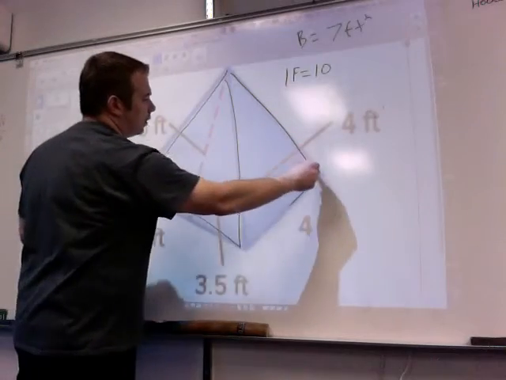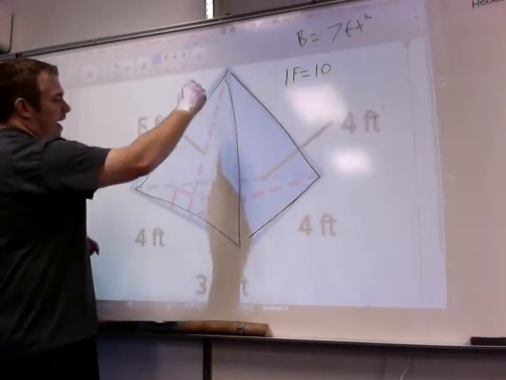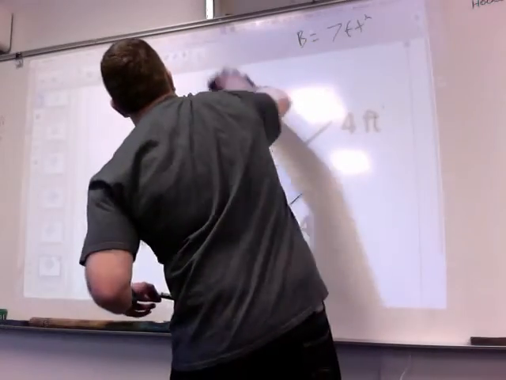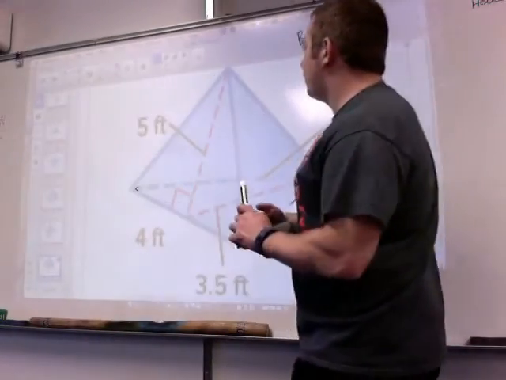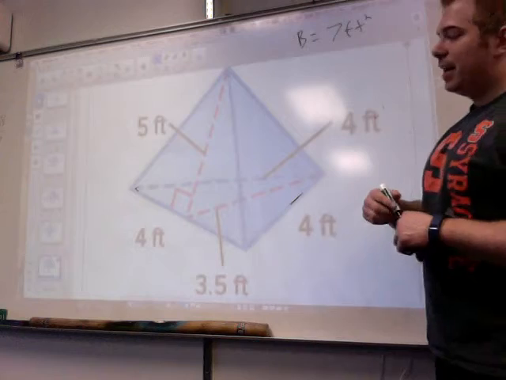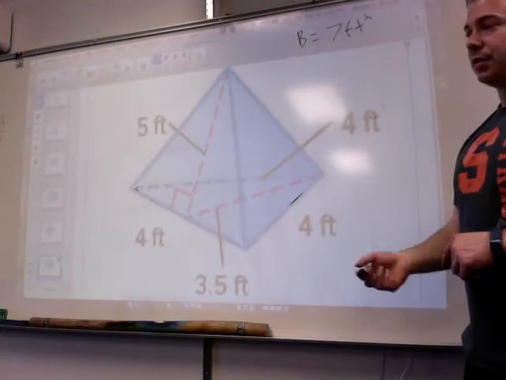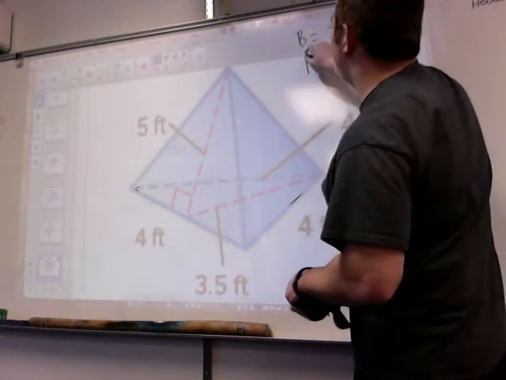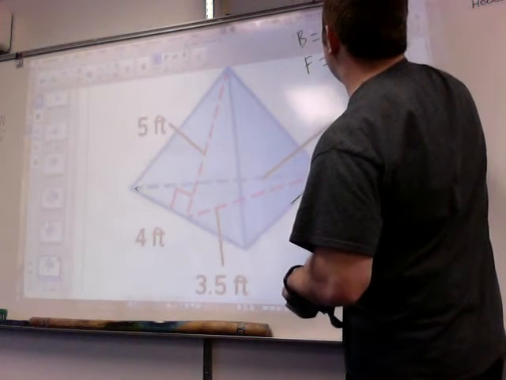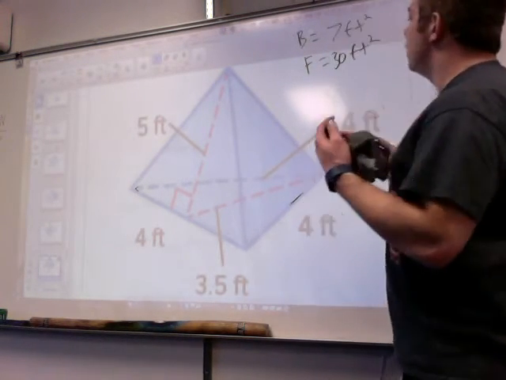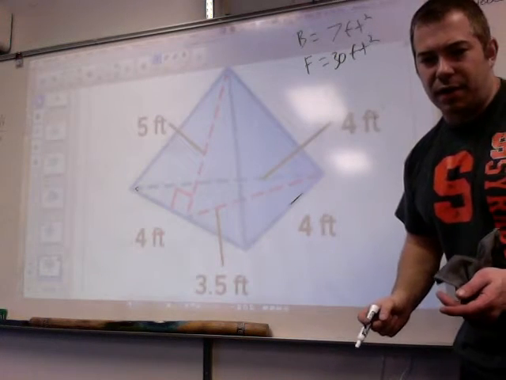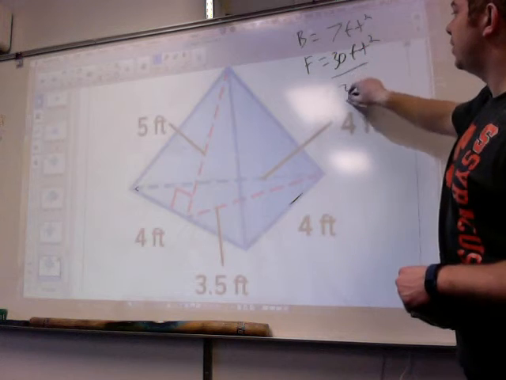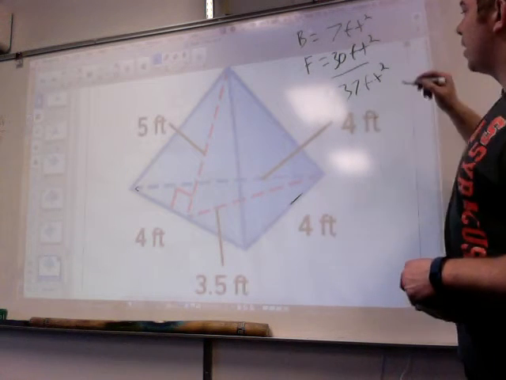Here's my second one, and in the back, I have my third. So 3 lateral faces of 10, it's 10 times 3, which equals 30, or 10 plus 10 plus 10, which equals 30. So my faces add up to be 30 feet squared. So my total surface area here is 30 feet plus 7 feet, which equals 37 feet squared.